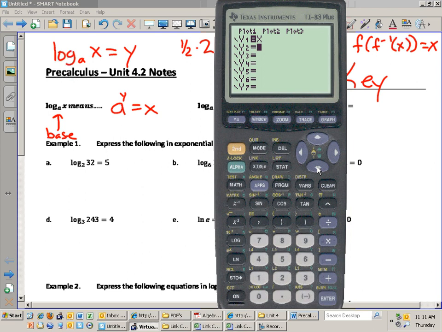Log is over here on the side by the 7. Notice that it doesn't define what the base is. Do you know what the assumed base of a logarithm is? 10. 10 is the assumed base, unless it's written. So I have log of x.